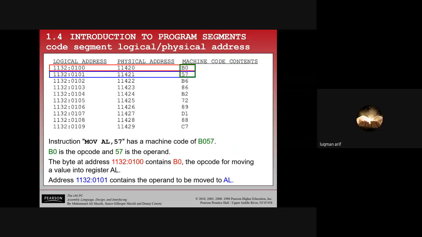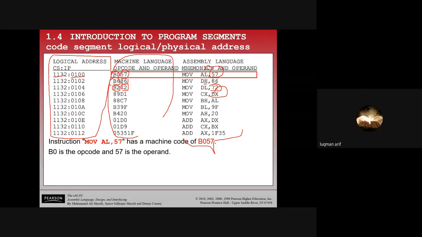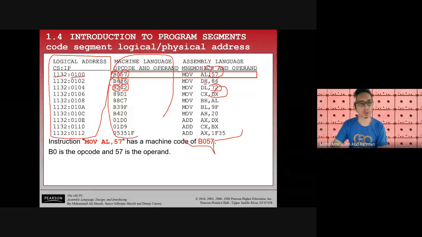Is the opcode always B0 for AL, and then always D1 for DX? Actually, there are many types, because you have moving and addition, so the command of moving and the command of addition.